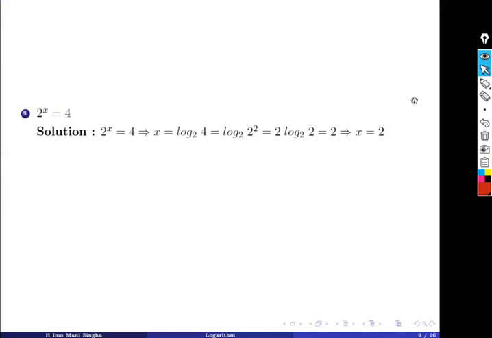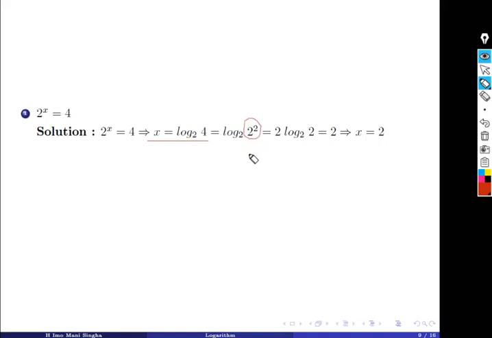Okay, now let's see one small example. If 2 to the power x is equal to 4, then this x we can write by definition of log, x equal to log of 4 base 2. Now this 4, we know that this is nothing but 2 square.